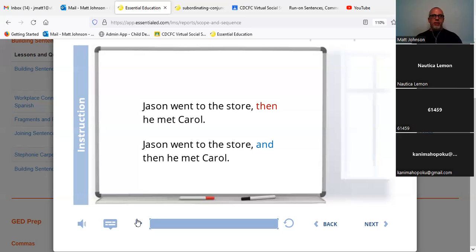I wanted to go to the park. However, Emma wanted to go to the movies, right? However, in that case is showing contrast between the two ideas. But to link those two ideas, I have to put: I wanted to go to the park, semicolon, however, comma, Emma wanted to go to the movies, okay?